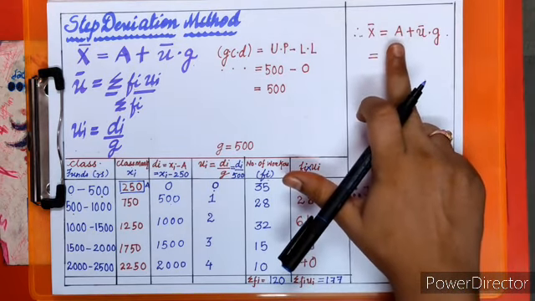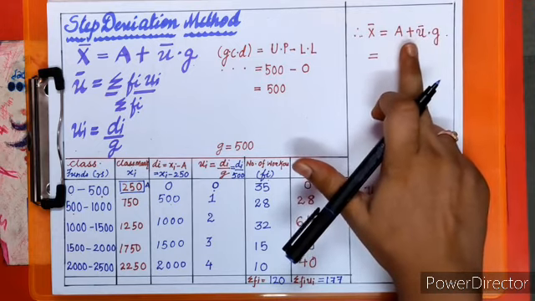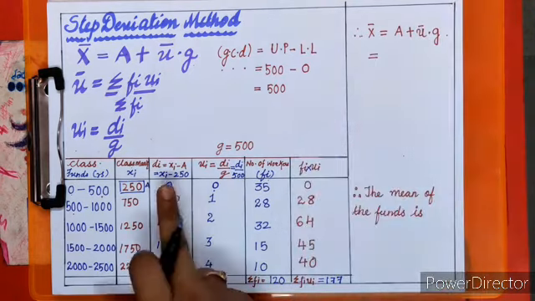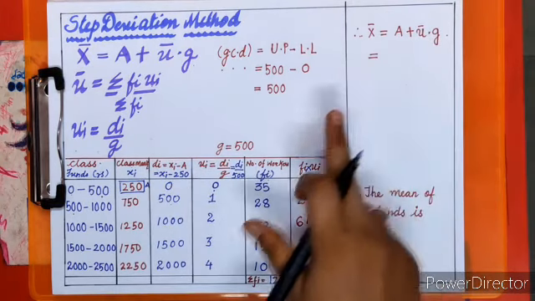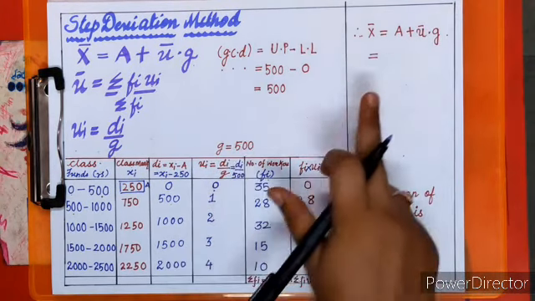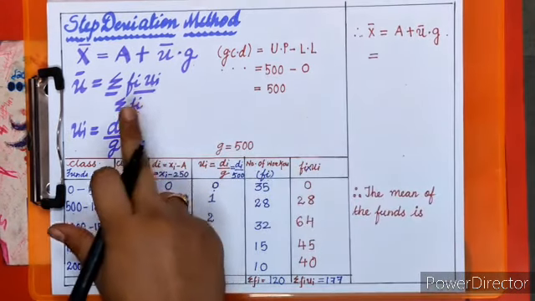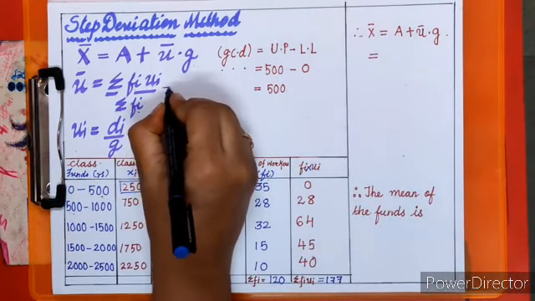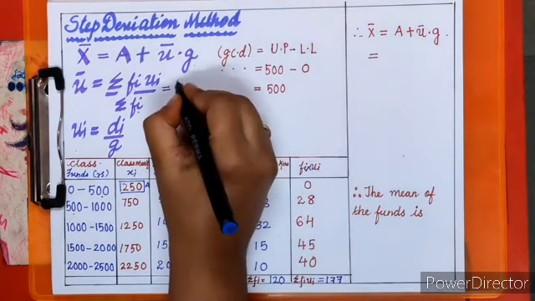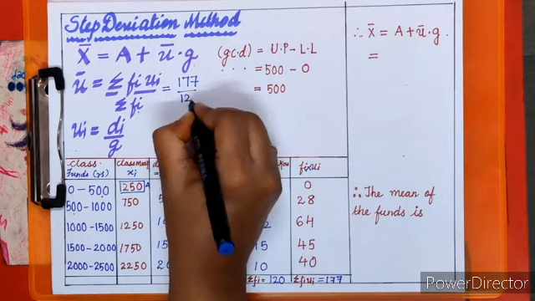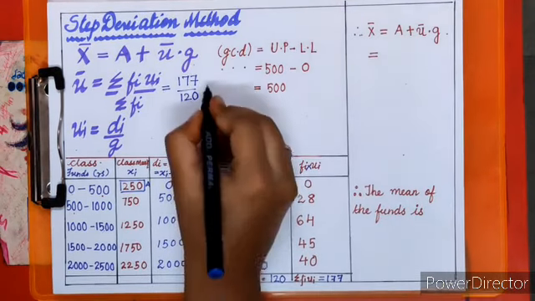Now we'll read out the formula. The formula has three terms, which is A plus U bar into G. So we have A, that is 250. We have G, that is 500. But we don't have U bar. So we will be finding the U bar from the formula. 177 upon 120.